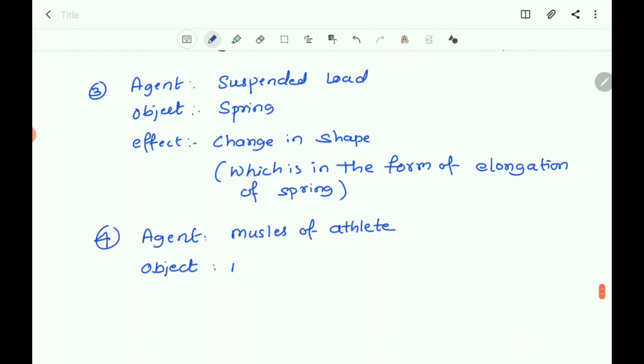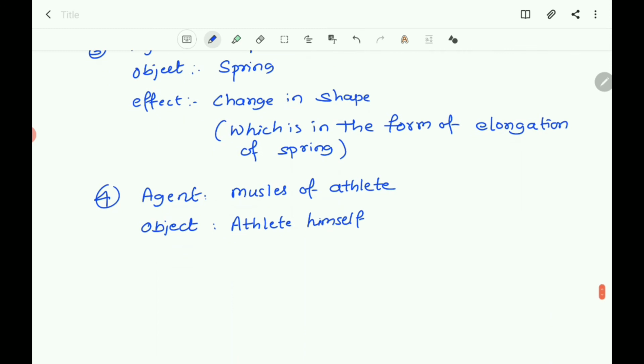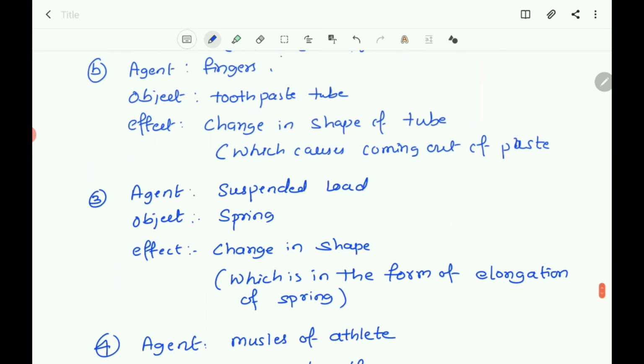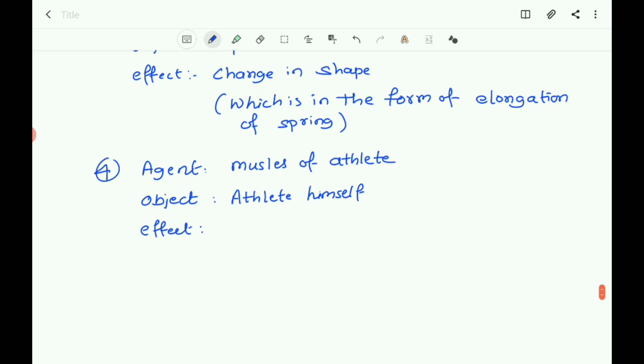Athlete himself. Athlete himself. And effect is here. Here you know that he jumps to a certain height, that is change in the state of motion of the athlete. Change in the state of motion of athlete.